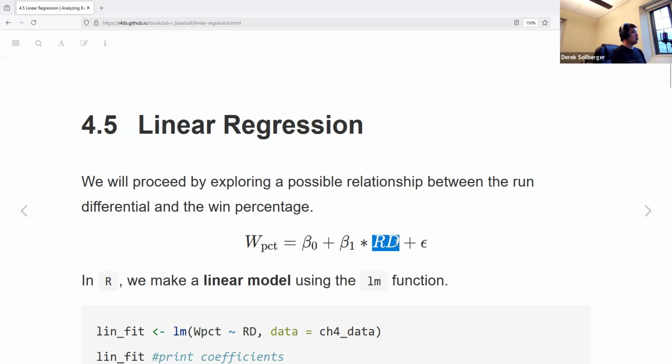Beta 1 is being multiplied by the input of run differential. So we could think of beta 1 as a slope or rate of change. And we math folks like to think of our models having some sort of noise, which we'll just lazily abbreviate epsilon.